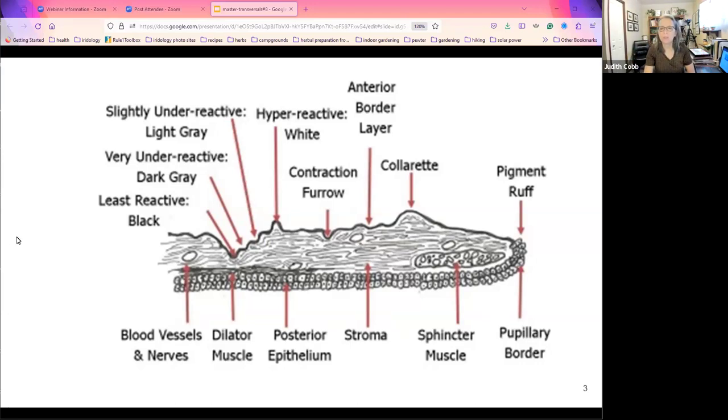As we look at that cut surface, the pupil would be over here. This is the side facing out to the world if the person was standing up. This is the side of the iris that faces back into the posterior chamber of the eye. Hopefully that makes sense.